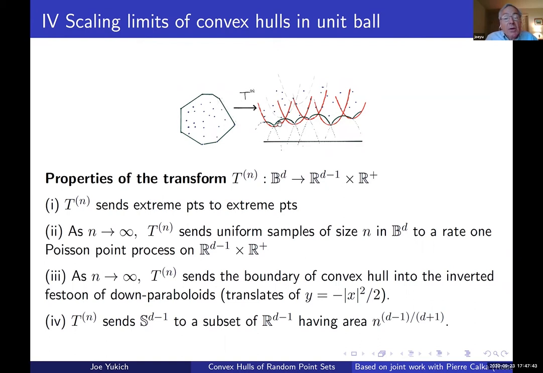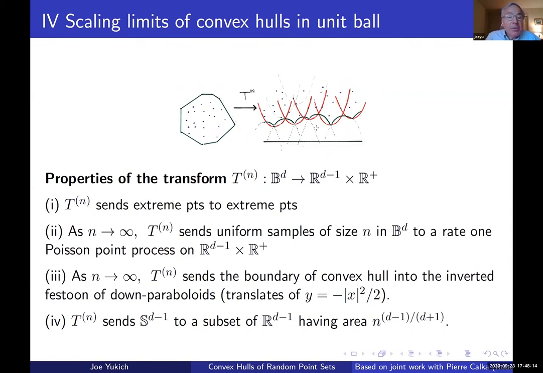And third, this transform takes the boundary of the convex hull into this green festoon of inverted quasi-paraboloids, and in the limit, as n goes to infinity, these quasi-paraboloids turn into actual paraboloids. So that's property 3. And these actual paraboloids are just translates of y equals minus x squared over 2 in dimension 2. And in dimension d, it's translates of y equals negative the norm of x squared over 2.